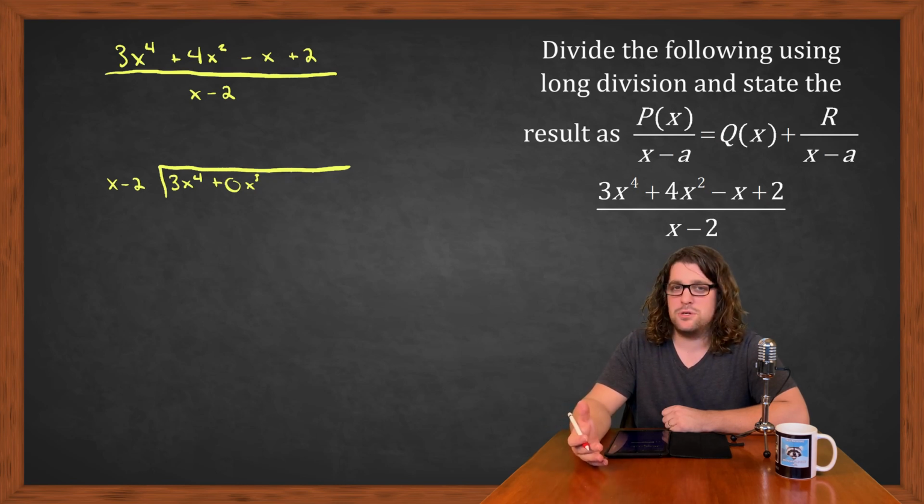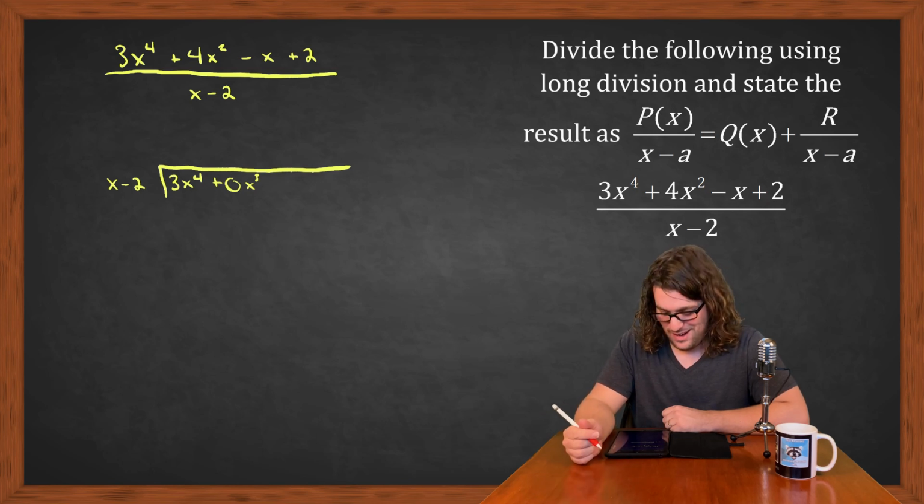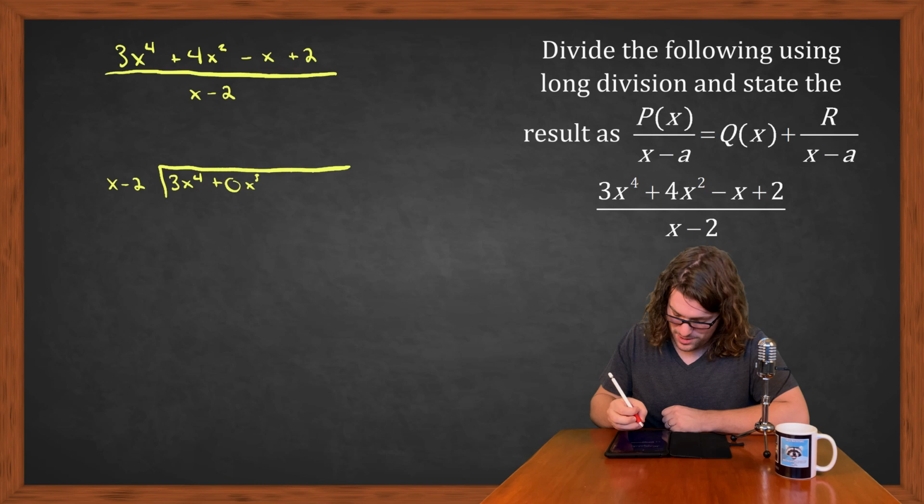You might find it that way too. So I highly recommend to people that they actually place a 0x cubed in as kind of like a placeholder, just so things naturally step down in a way where when you subtract, you're not as accident prone as you could be if you miss that there actually is a term that has 0 of something. So let's keep going.